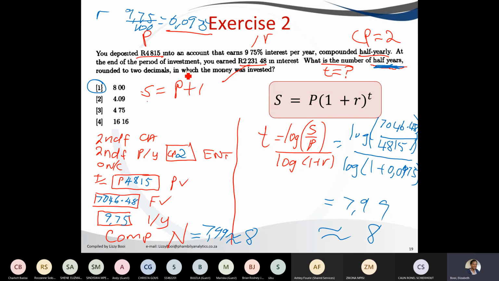You need to divide your rate by 2 because it's compounded semi-annually. So the 0.0975, I had to divide by 2. Yes. Thank you also for picking it up because I would have not noticed that we didn't divide by 2.